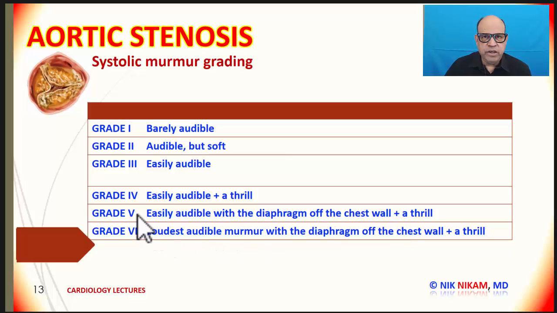And grade 6 is the loudest audible murmur with the diaphragm away from the chest wall along with a palpable thrill. So these are some of the characteristics of aortic stenosis murmur from grade 1 to grade 6. Based on this, you can evaluate the degree of stenosis of the aortic valve.